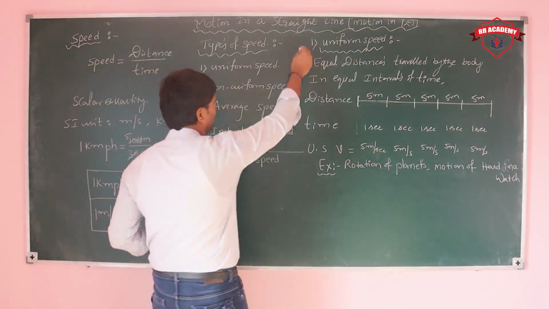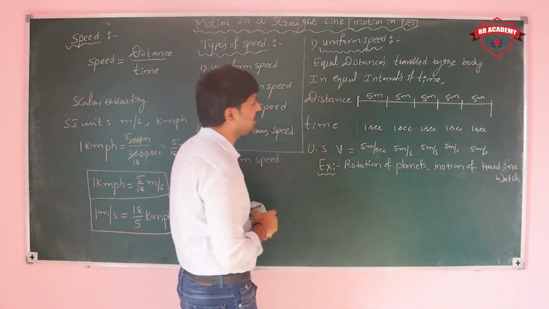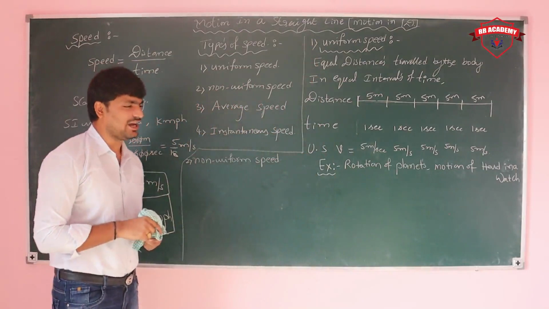Uniform speed means equal distances traveled by the body in equal intervals of time.